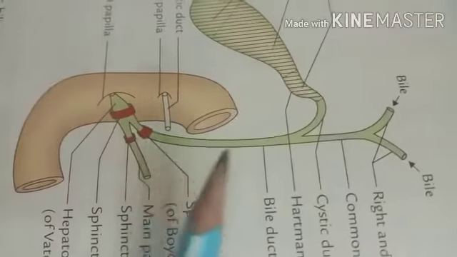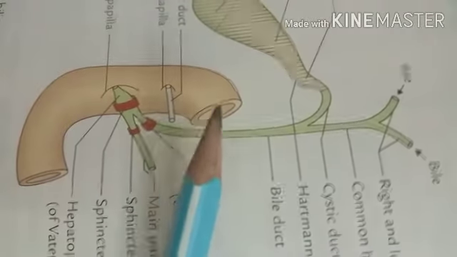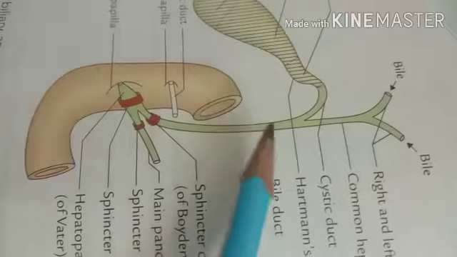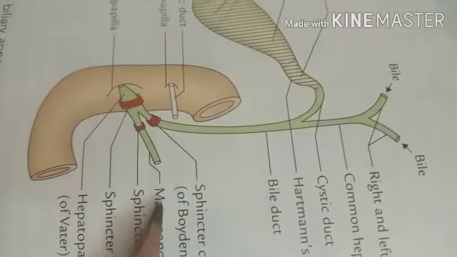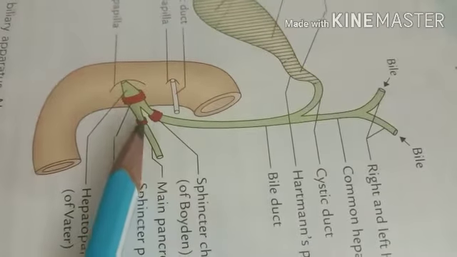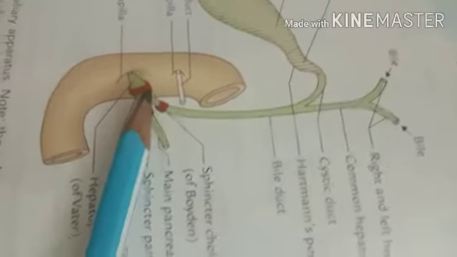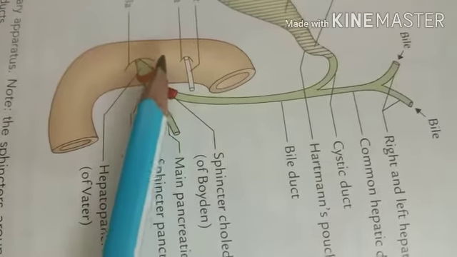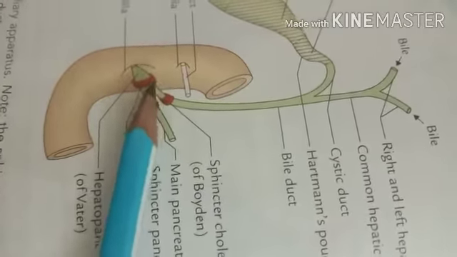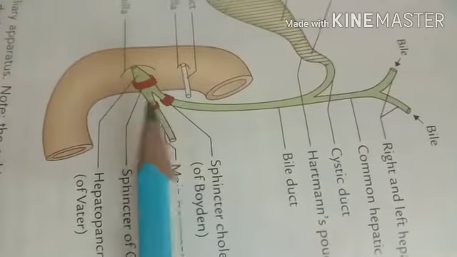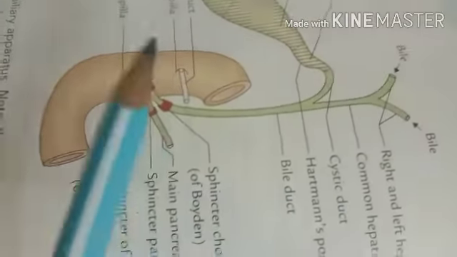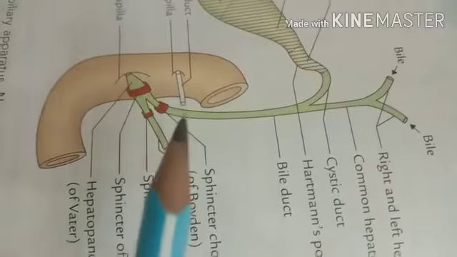Then the sphincters related to the bile and the pancreatic duct. So here you can see the bile duct, and from the pancreas the pancreatic duct joins to form the hepatopancreatic ampulla. So this duct shows the sphincters. First sphincter, that is at the terminal part of the bile duct.